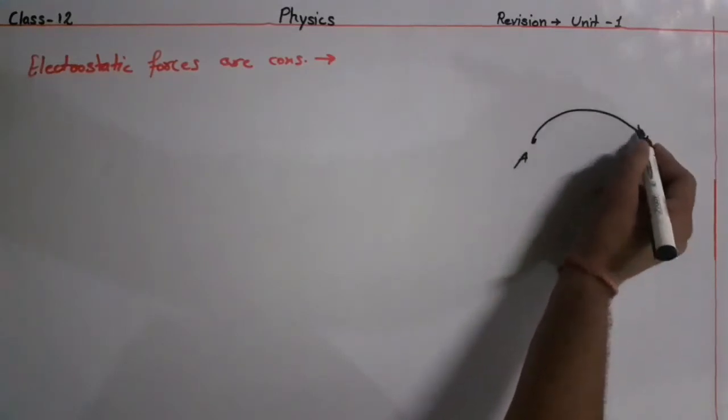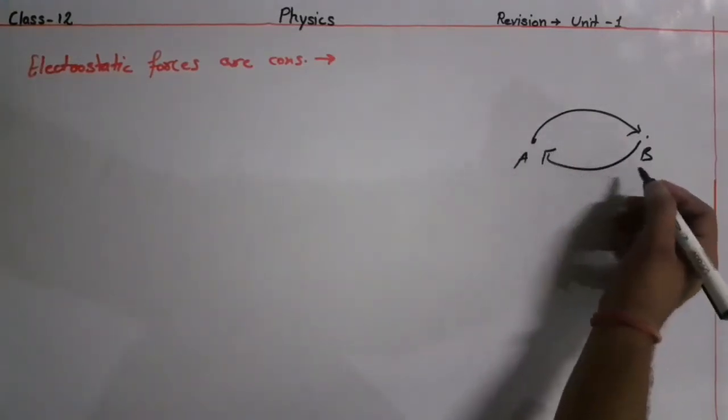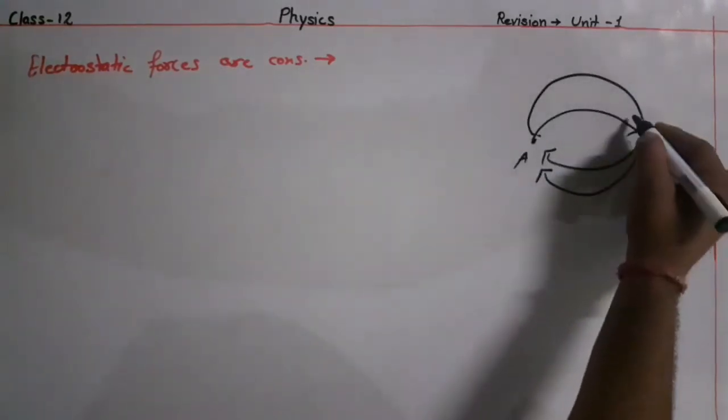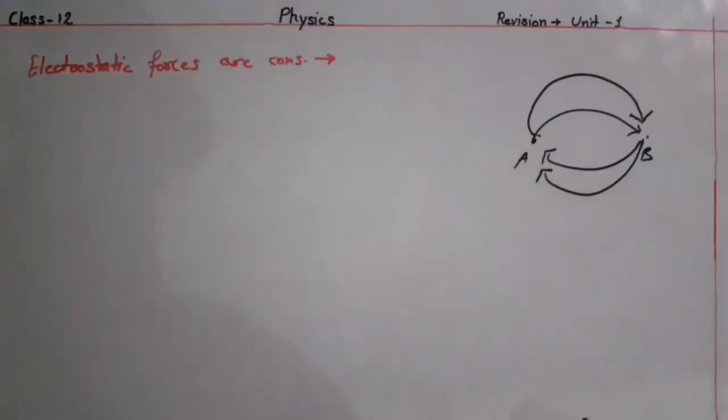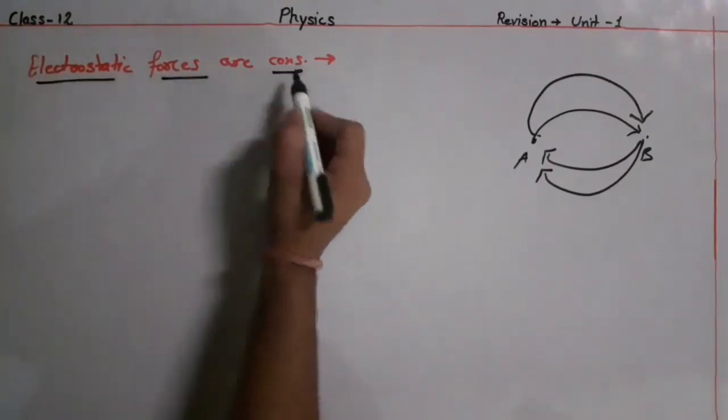We are going to move this particle from A to B and again from B to A, or we can use different paths like this one, or we can use this one. No matter what path you have taken, you only have to prove that the work done from A to B or work done from B to A is conservative. If this happens, then our electrostatic force will be conservative in nature.